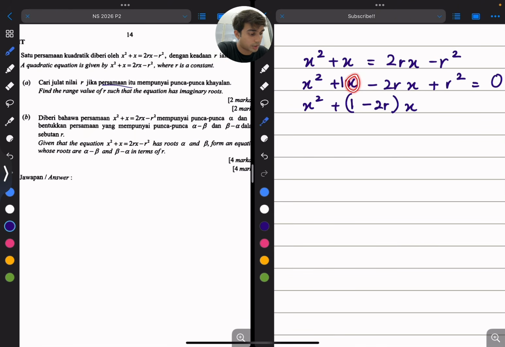I factor out the x, so easier to see the a, b and c later, plus r square. So from here, our a is 1, our b is this one, 1 minus 2r, and our c is r square.